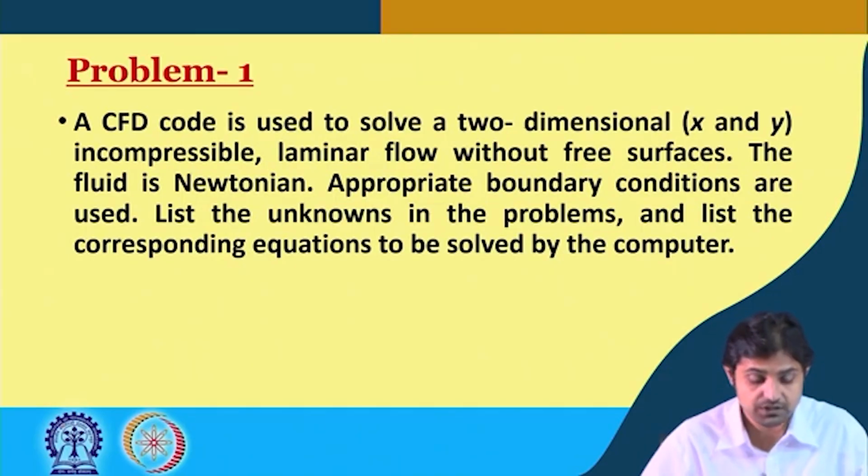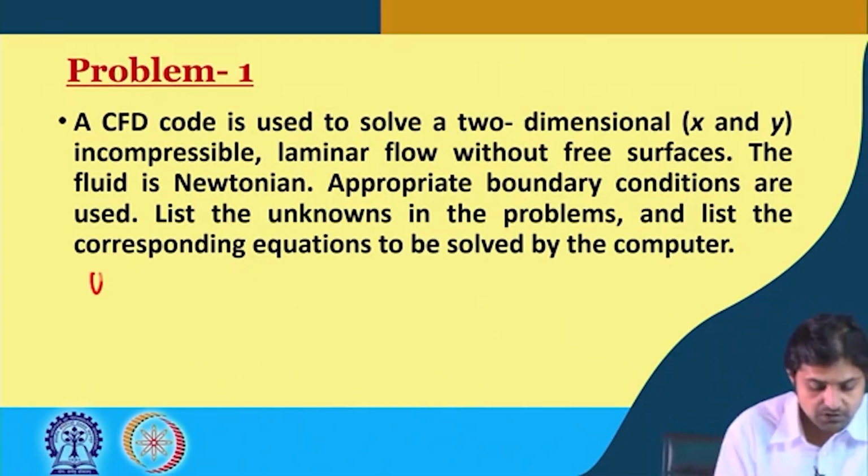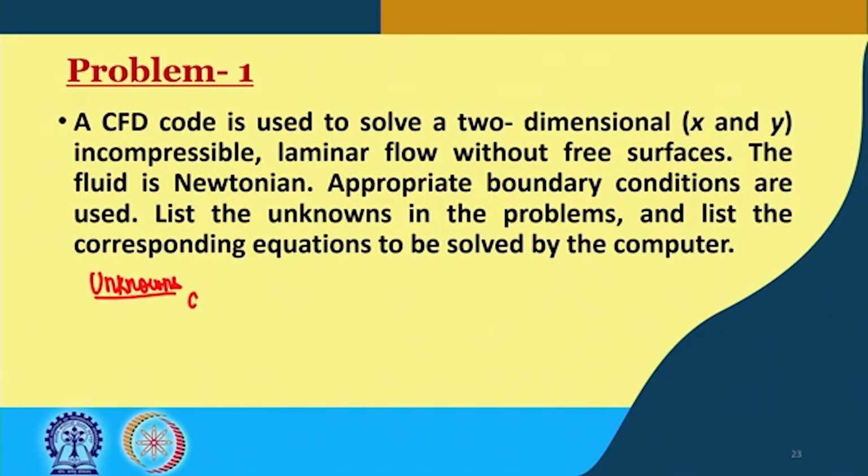The question here is: list the unknowns in the problem and then list the corresponding equations to be solved by the computer. First important information that we have is that it is two dimensional in nature, correct. So, the unknowns, you can start guessing the unknowns.